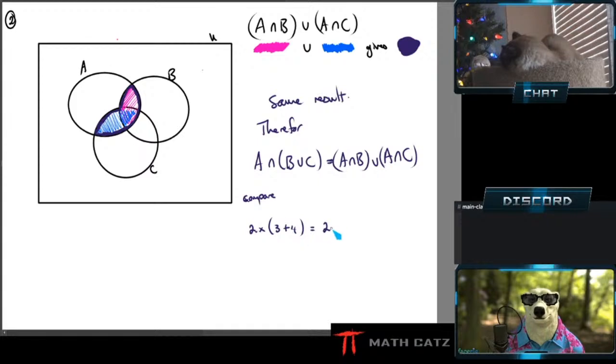I multiply it into the bracket: 2 times 3 plus 2 times 4. Now, I'm not saying union is plus and intersection is times. These are generalizations, past numbers, bigger objects, objects containing objects. They're not numbers anymore. It's much more complicated. But you can see the parallel between these two properties. The set property is just sort of a more general version of this distribution property.